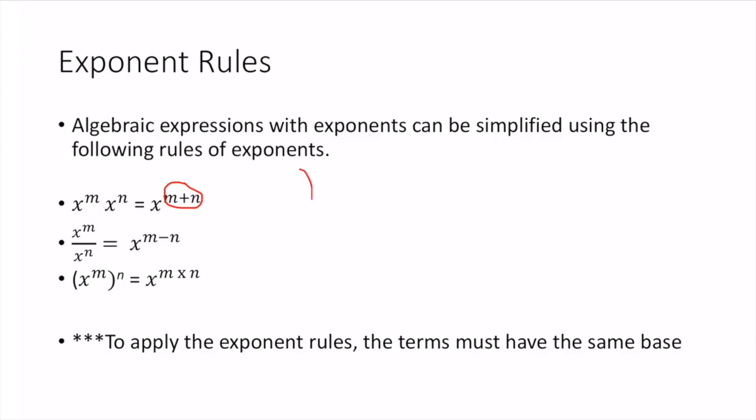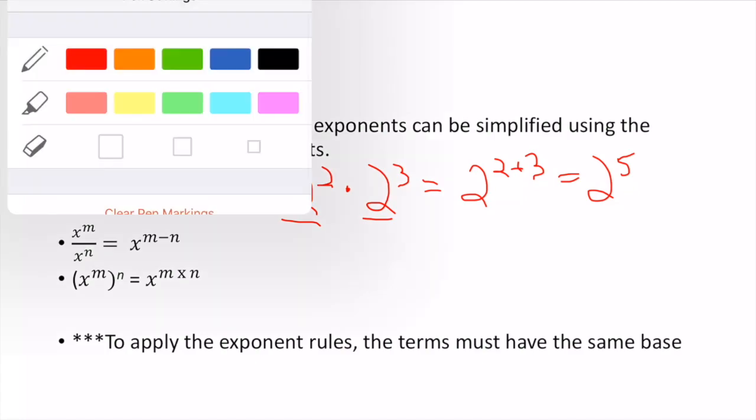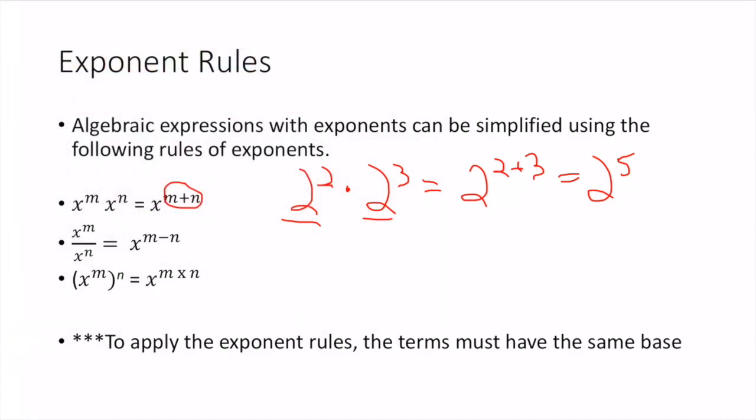An example, if we had 2 to the power of 2 times 2 to the power of 3, to simplify that, because our base is the same, we can rewrite that base and just add the two exponents together. So this would give us 2 to the power of 5. That's a real quick explanation.